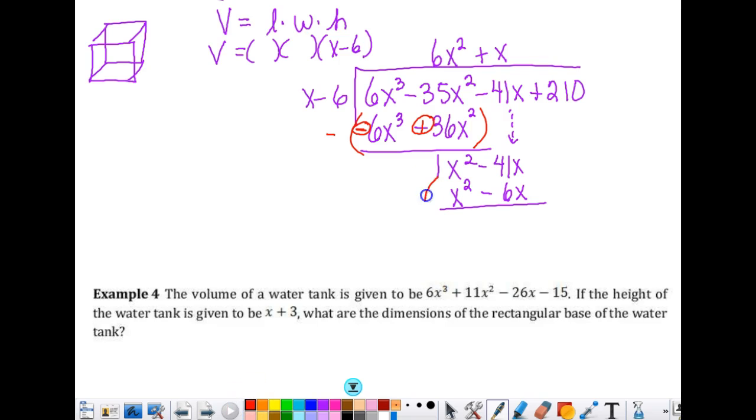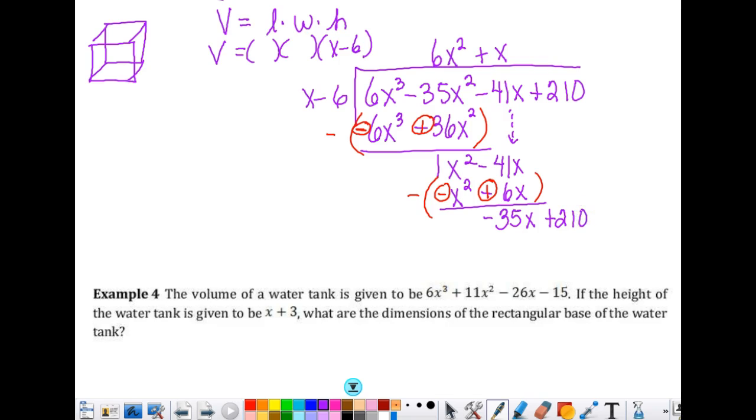So we have to subtract, which means we really have to change his sign and change his sign. So then those cancel out. Negative 41 plus 6 is negative 35x. Bring down the 210.